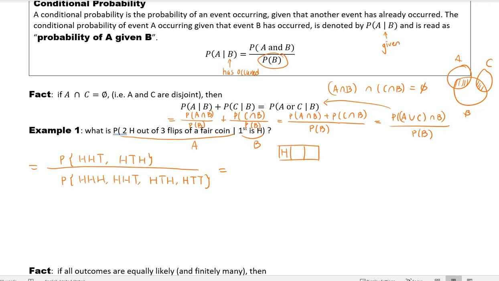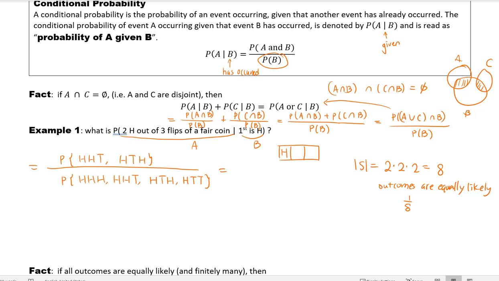What is the probability of an outcome? Here we flip the coin 3 times, and each time we have either head or tail, 2 possible ways. So total is 8, so the sample space S has size 8. Because all outcomes are equally likely, the probability of each outcome is 1/8.